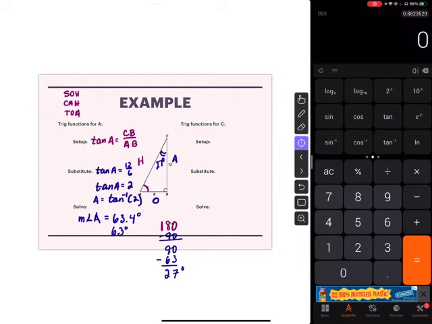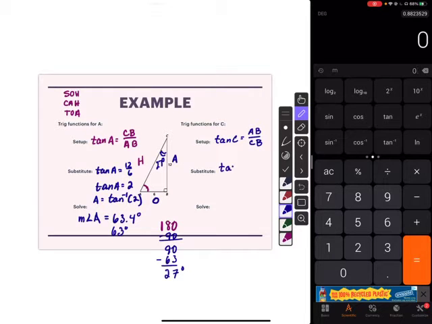Let's choose our trig function. From 27, I don't know the hypotenuse, but I do know opposite, I do know adjacent. Opposite and adjacent go with tangent, so my setup is going to be the tangent of angle C is equal to the opposite AB over the adjacent CB. We do our substitution. Tangent of C equals 6 over 12.